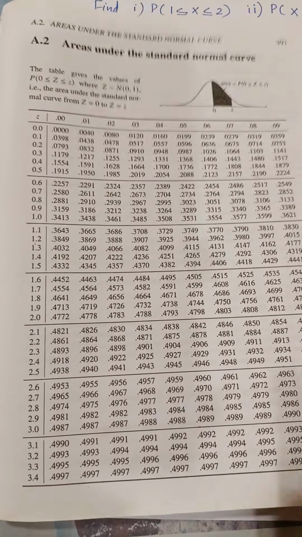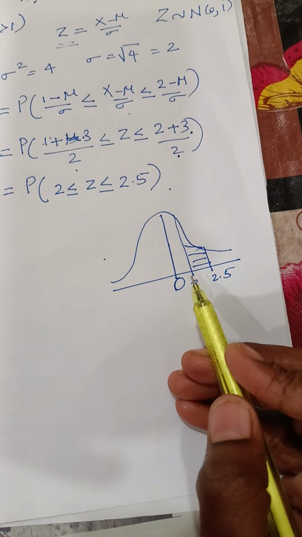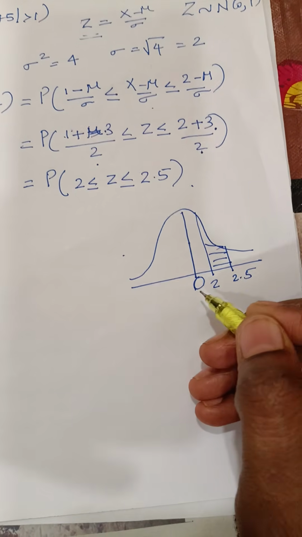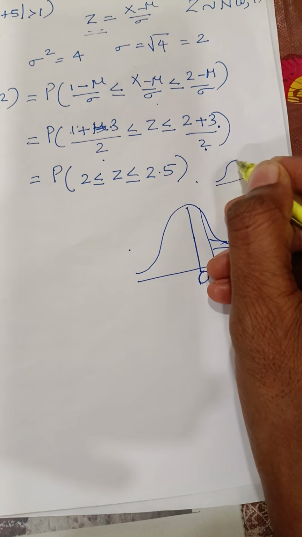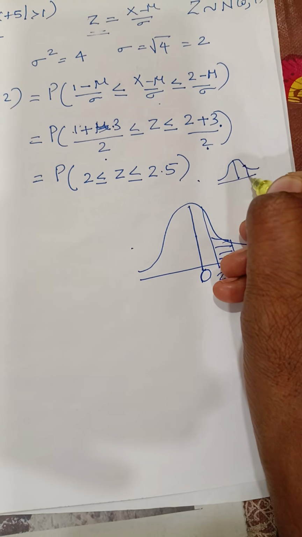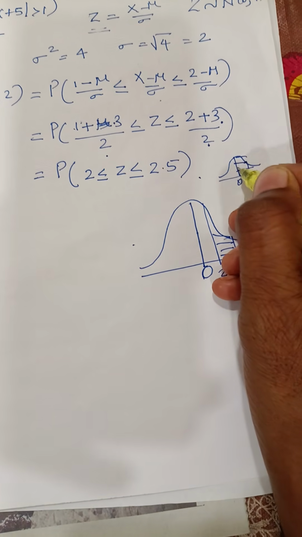Now in the problem we have to find the probability from 2 to 2.5. So how can we find that? We have the area under the probability curve from 0 to z in the table, isn't it?